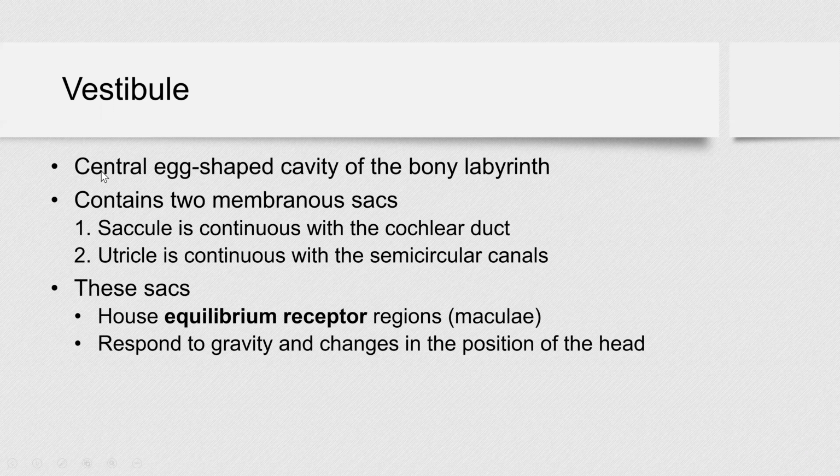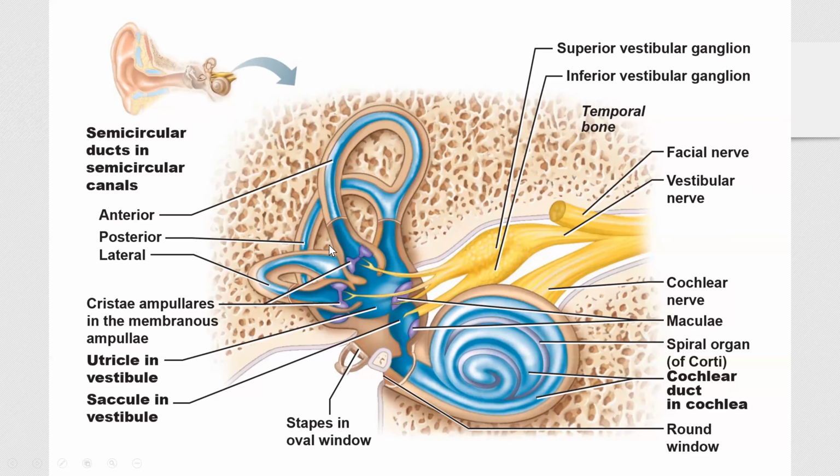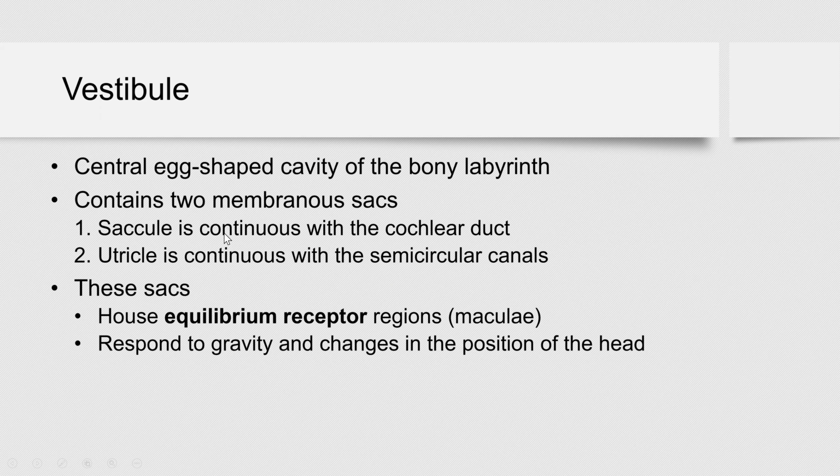Now, the vestibule is a central egg-shaped cavity of the bony labyrinth, and it contains 2 membranous sacs that I already told you about, the saccule and utricle. The saccule continues with the cochlear duct. You can see that's a saccule here, and it's continuous with the cochlear duct. And the utricle continues with semicircular canals.